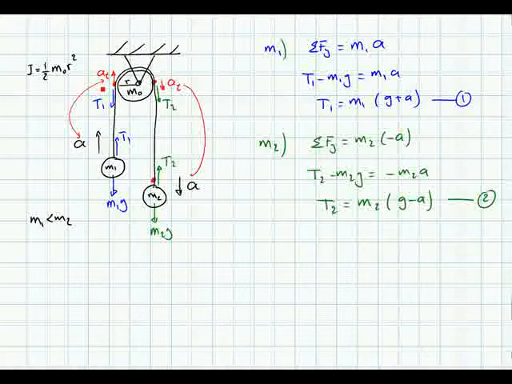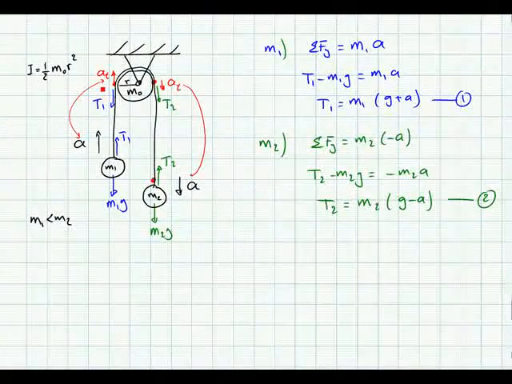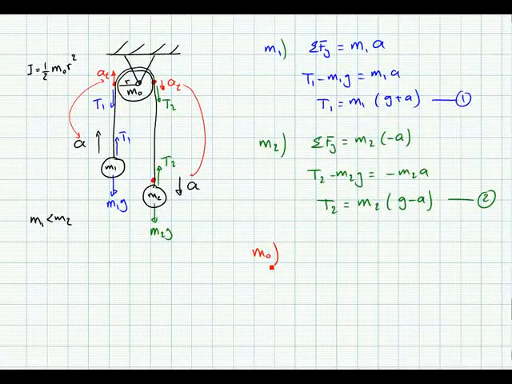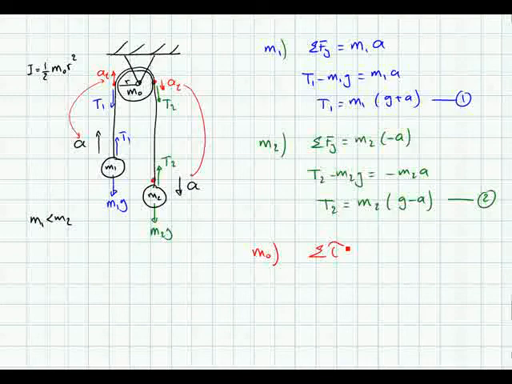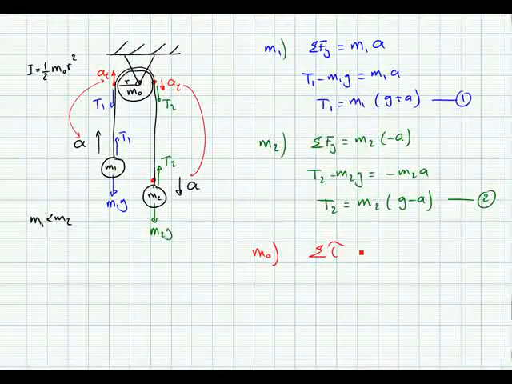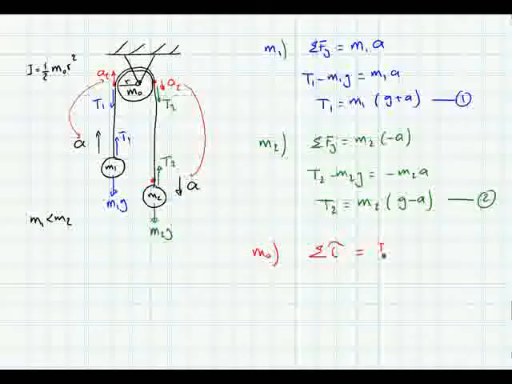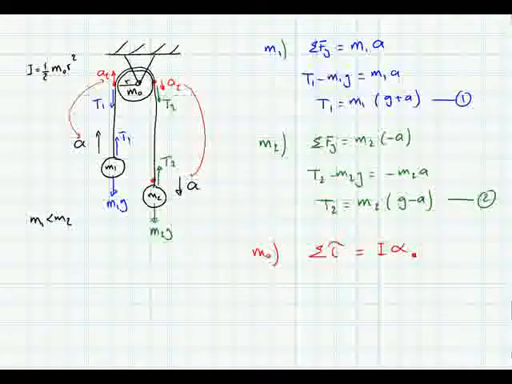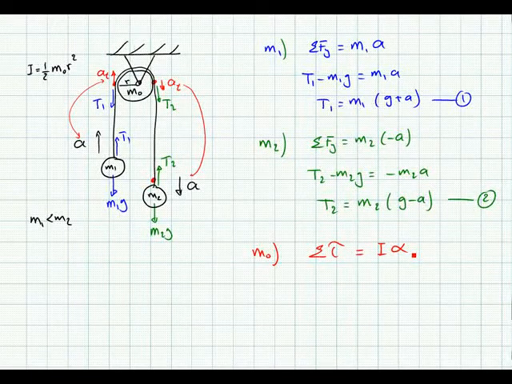So using the red pen, we can also write for the pulley, this is for m naught, that the sum of all the torques, since there's no translation, only rotation, applied to the pulley is equal to its moment of inertia times angular acceleration. What is the torque on the pulley?